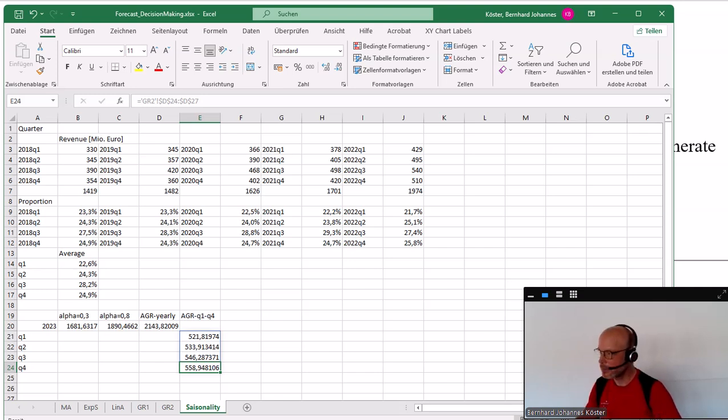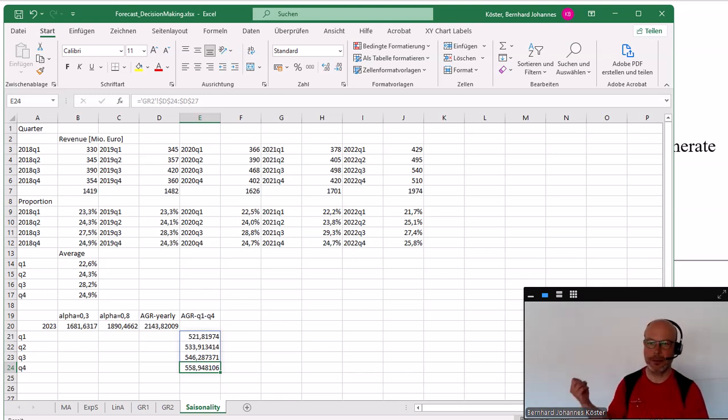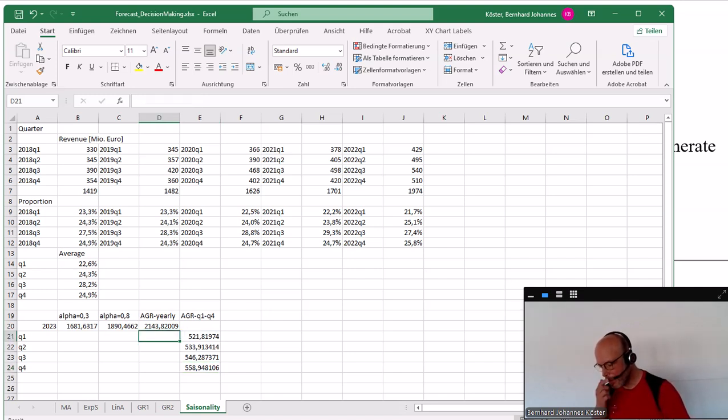And now, first aggregating, then calculating the aggregated forecast for the whole year.